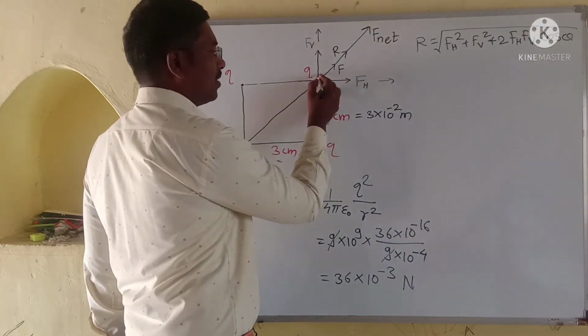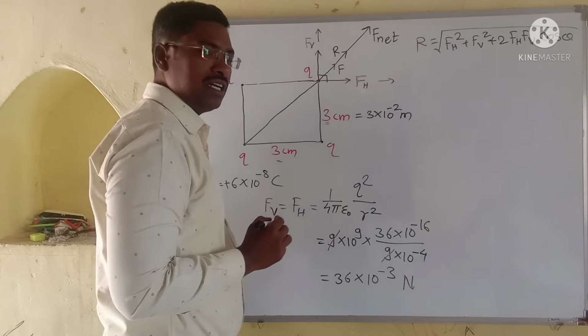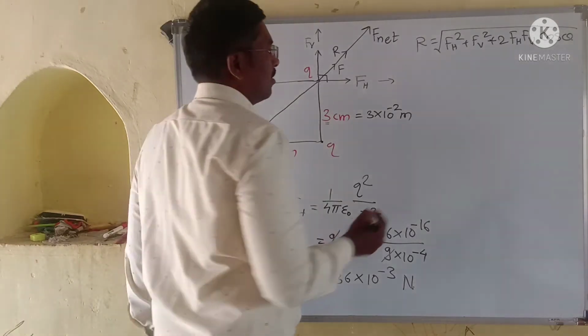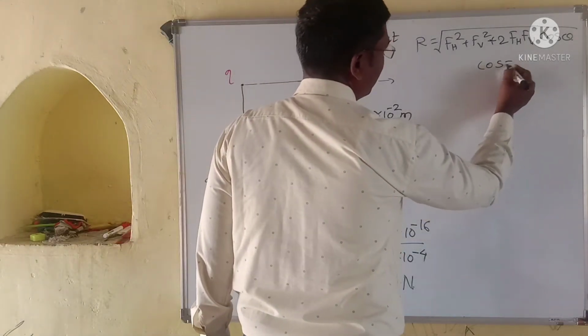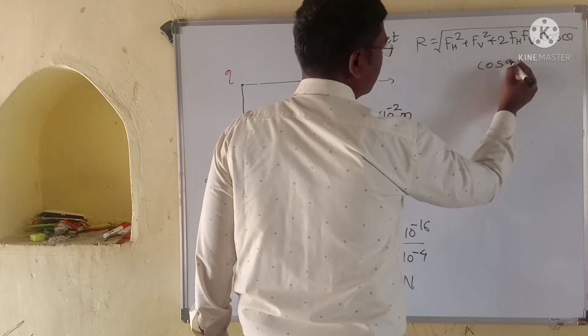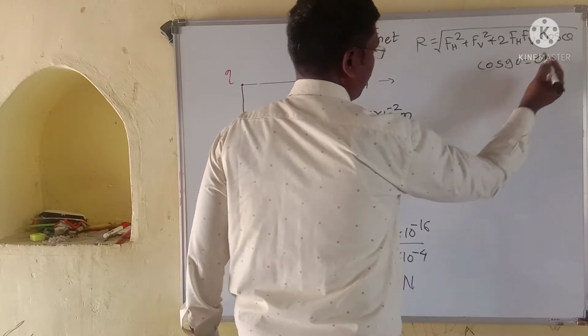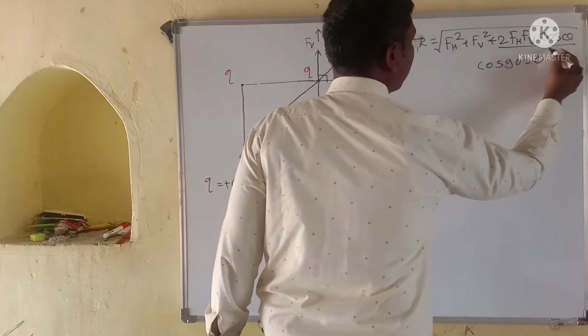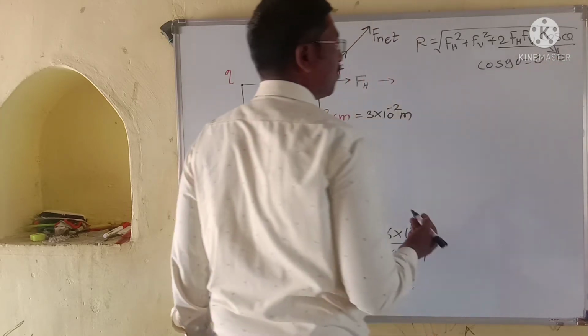Theta is the angle between these two forces. Theta is 90 degree, so cos 90 is equal to 0. Therefore, this term becomes equal to 0.